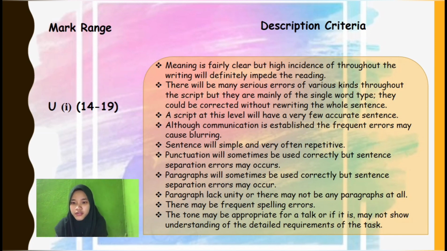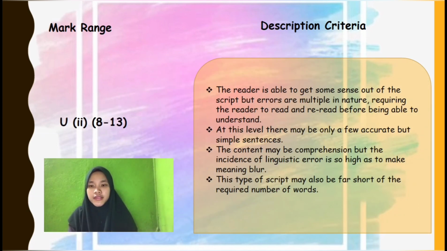Punctuation may be used correctly, but sentence separation errors may occur. Paragraphs lack unity, and there may be frequent spelling errors. The tone may not be appropriate for a talk, or if it is, may not show understanding of the detailed requirement of the task.